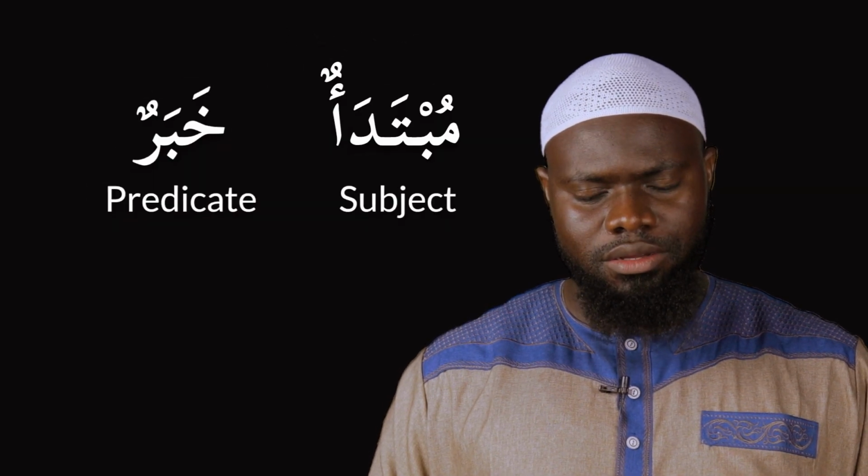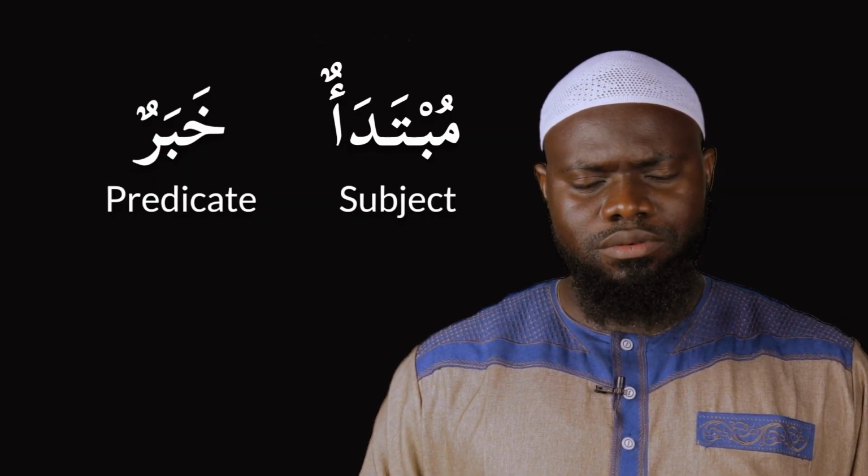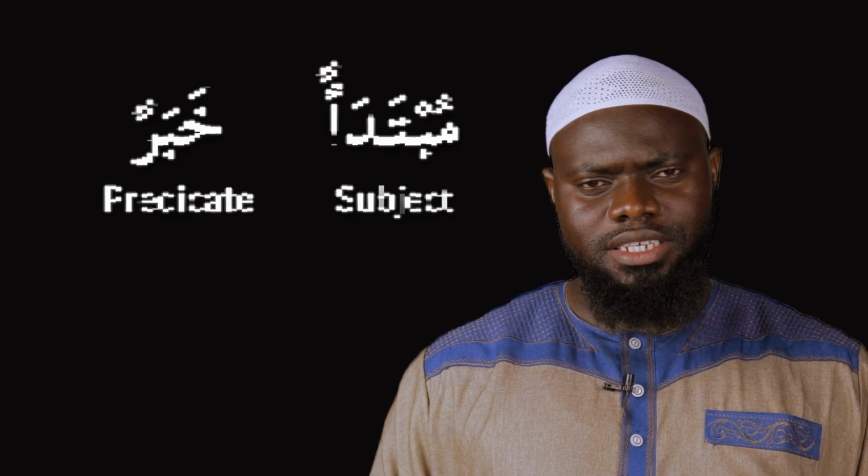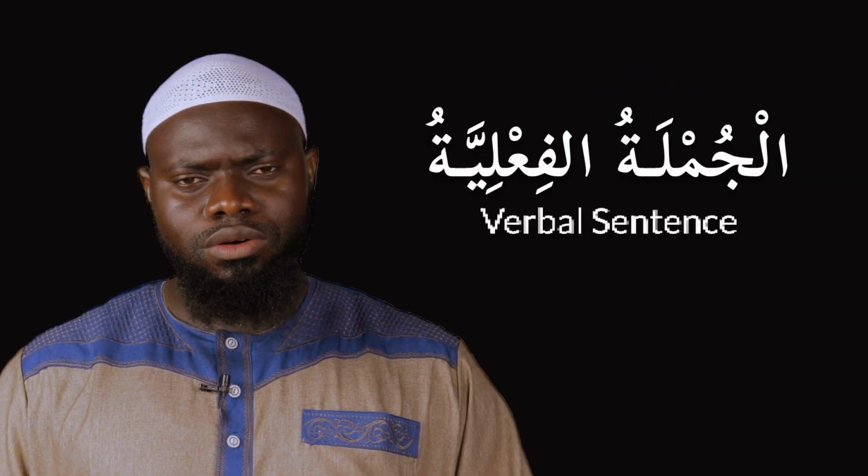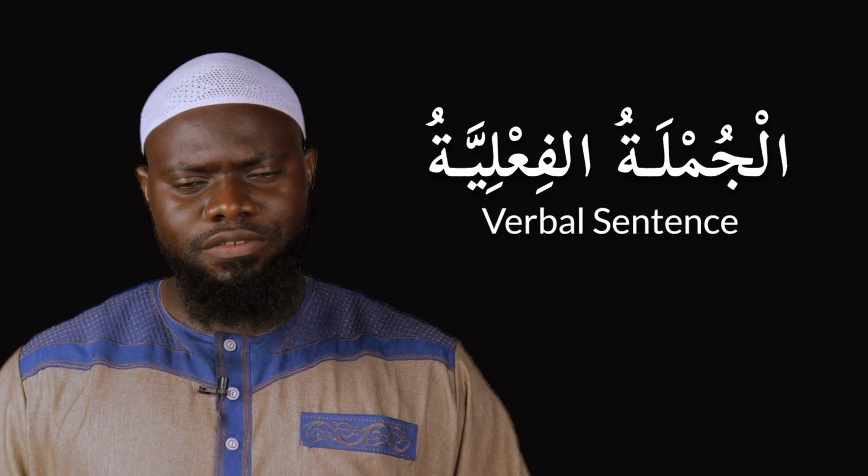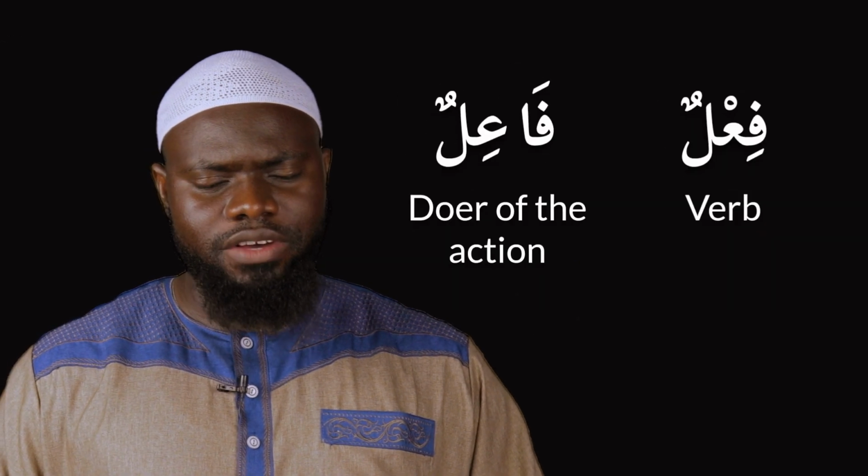وهي مركبة أو مكونة من مبتدأ وخبر. It is composed of mubtada and khabar. These are the two that are supposed to be put together to have a complete jumlatul ismiya. For the jumlatul fi'liya, وهي كل جملة بدأت بفعل. It is any sentence in Arabic language that begins with a verb. وهي مركبة أو مكونة من فعل وفاعل.